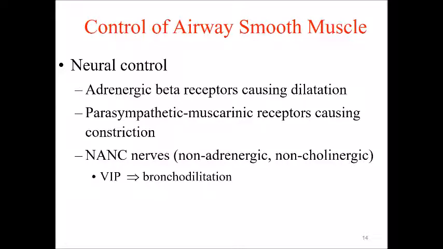So the sympathetic system is doing relaxation of the bronchial smooth muscle and the parasympathetic system is doing constriction of the bronchial smooth muscle. Then there are special non-adrenergic and non-cholinergic nerves which cause bronchodilation, and the neurotransmitter involved is VIP, vasoactive intestinal polypeptide.